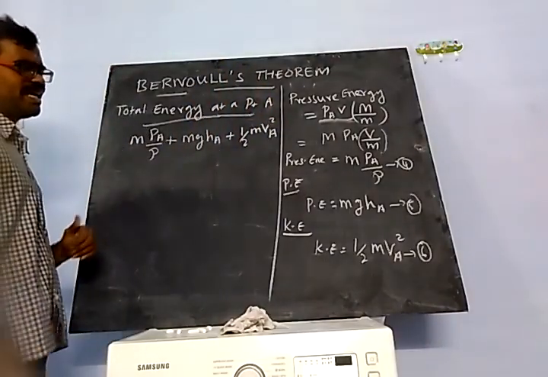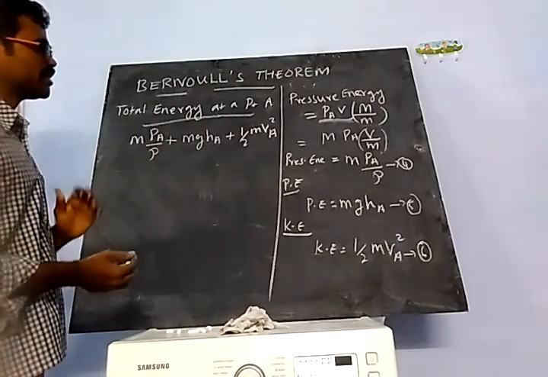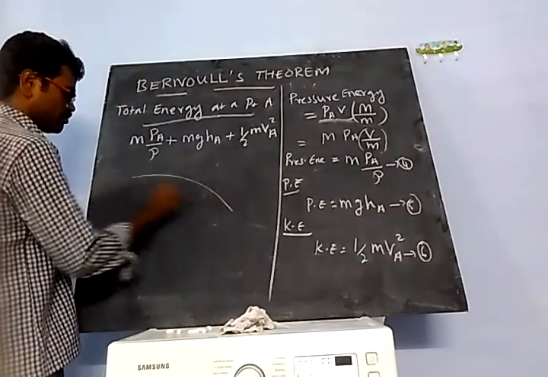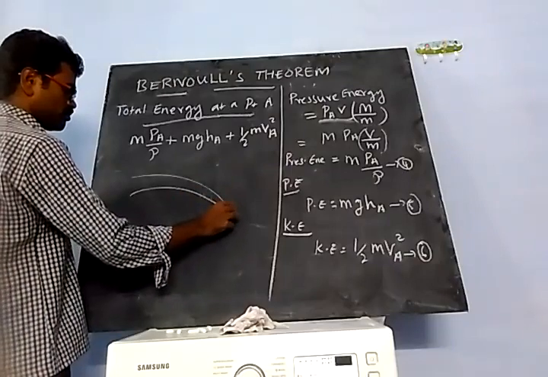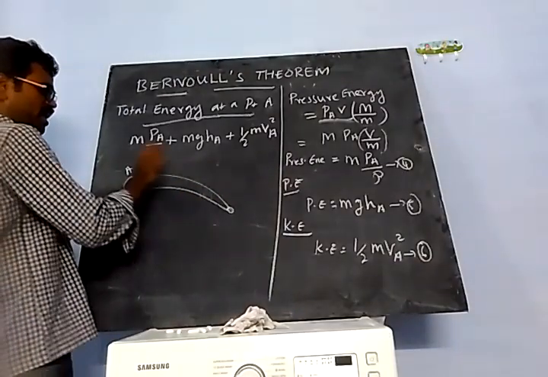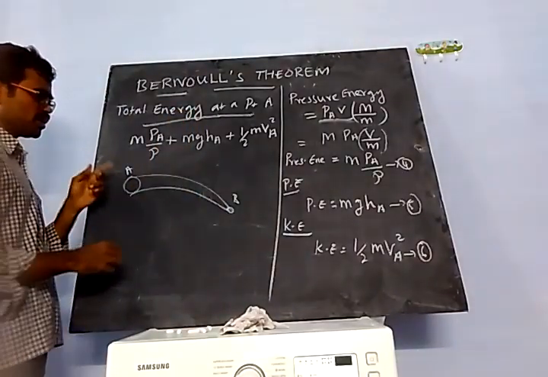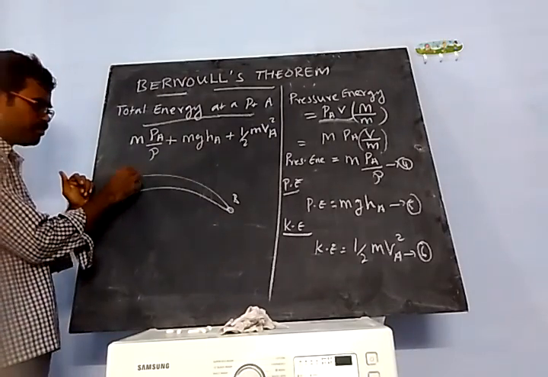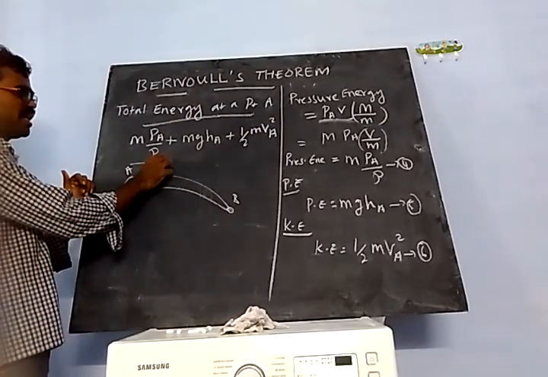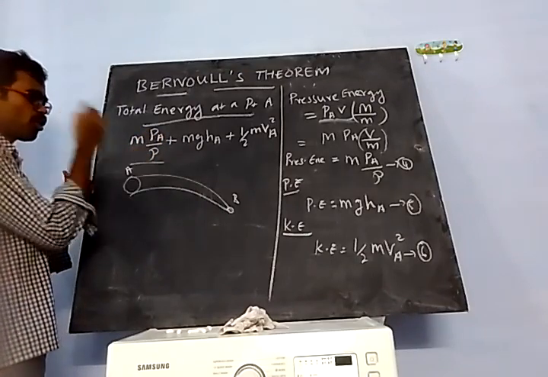Okay, then next, at the point B. So this is point A and point B. Point A has pressure energy m P_A by rho.